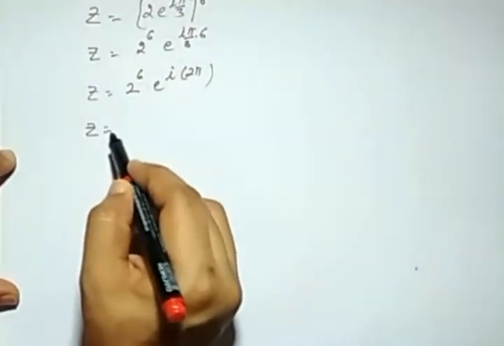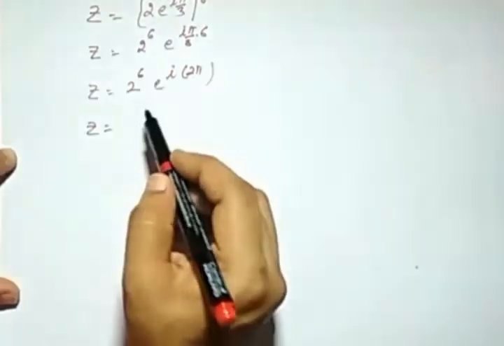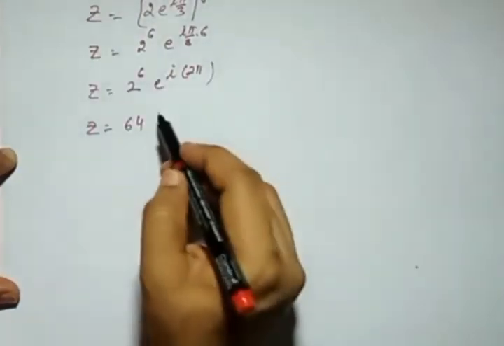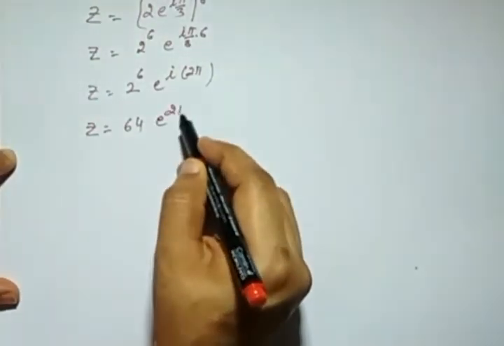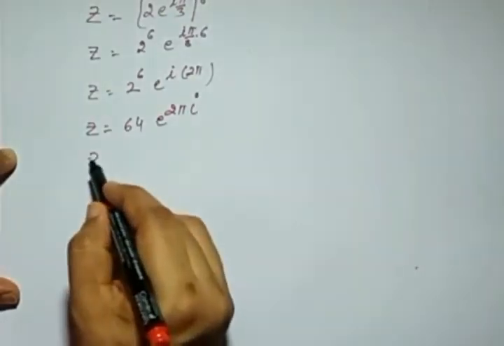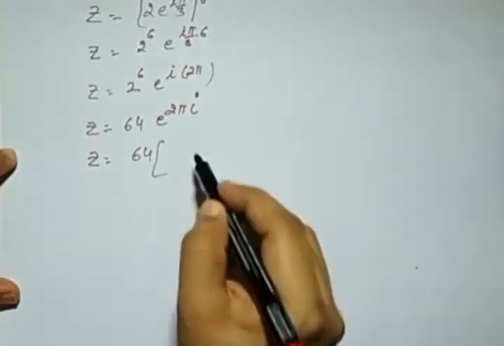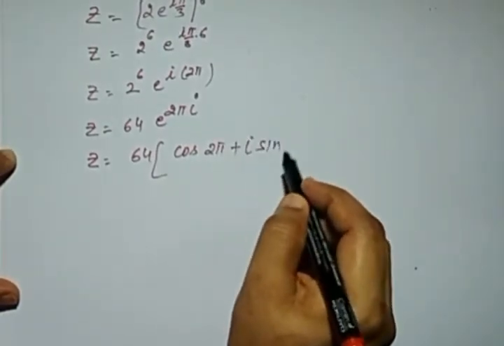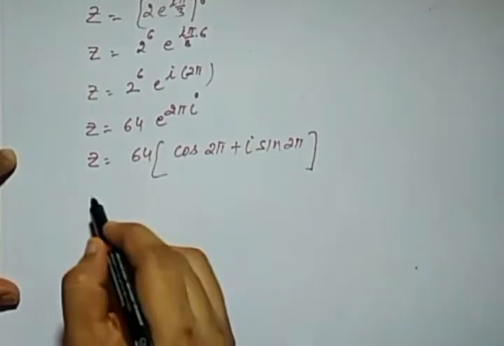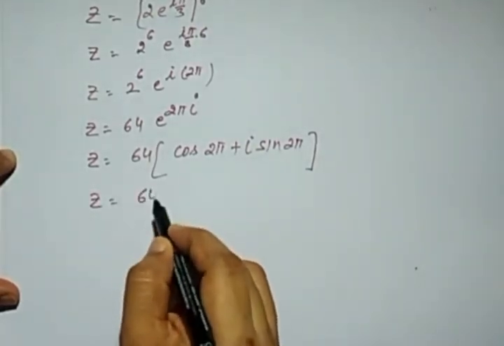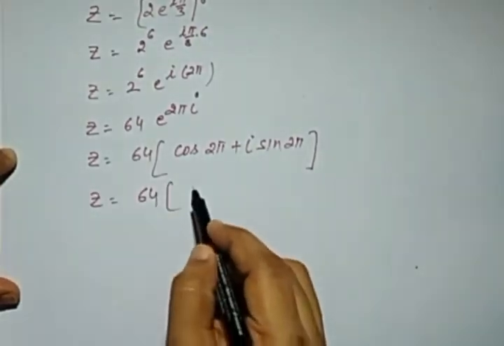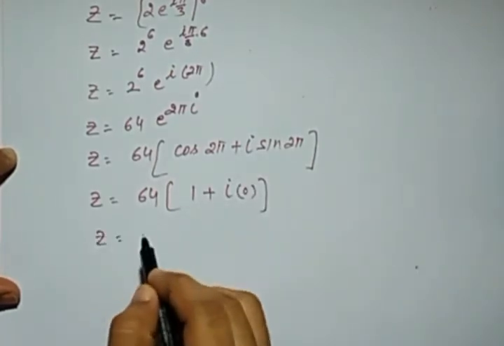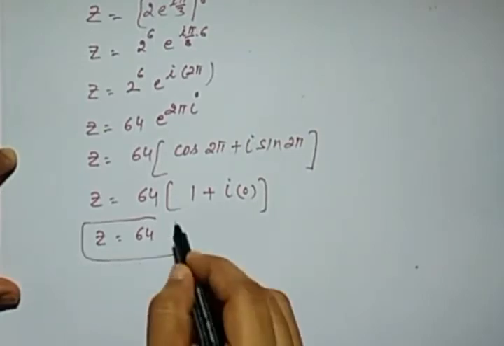So z is equal to 64, since 2 raised to power 6 is 64, times e raised to power 2 pi i. z is equal to 64 times cos 2 pi plus i sine 2 pi. Cos 2 pi is 1, sine 2 pi is 0. So z is equal to 64 is our answer.